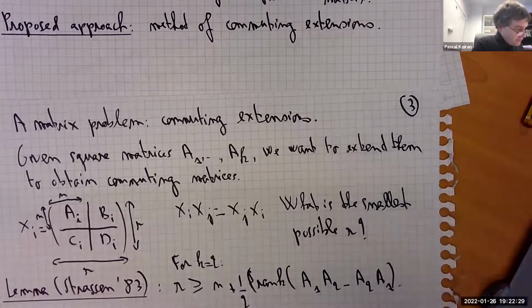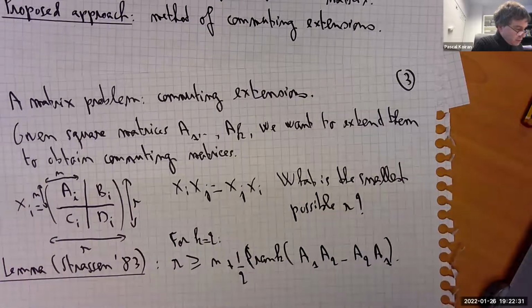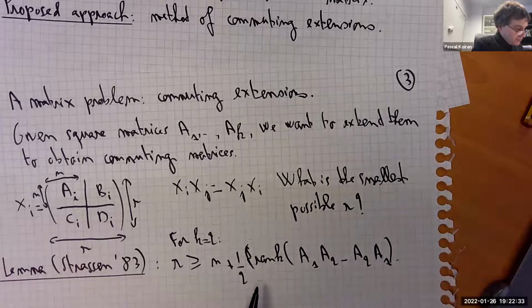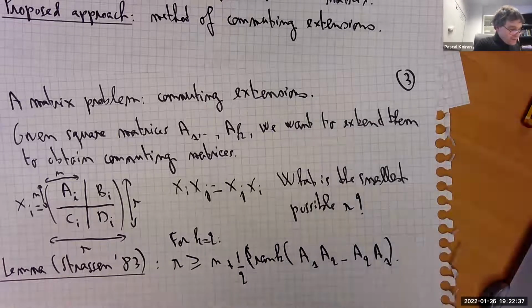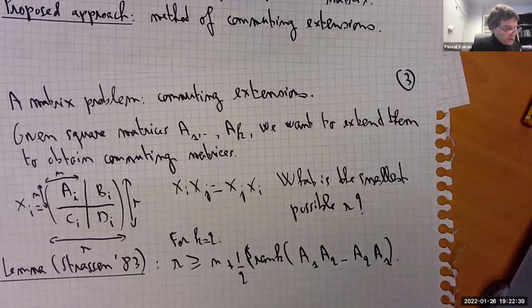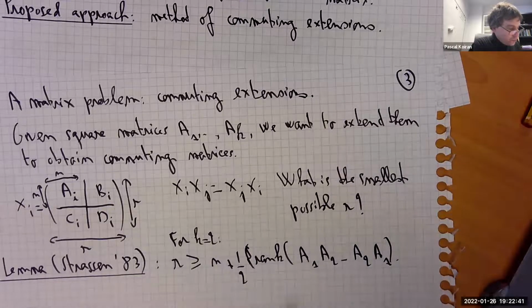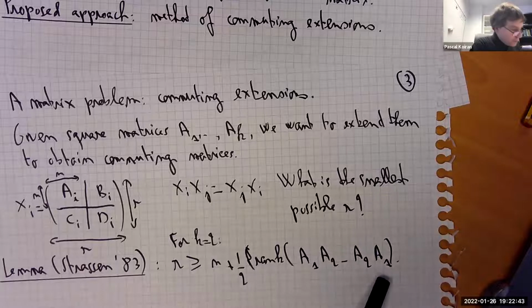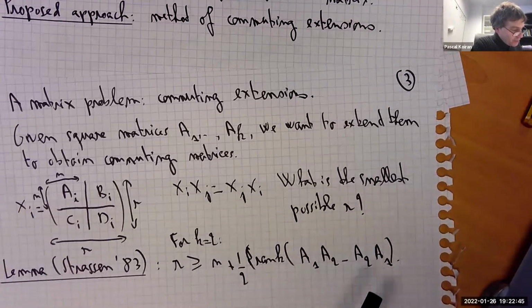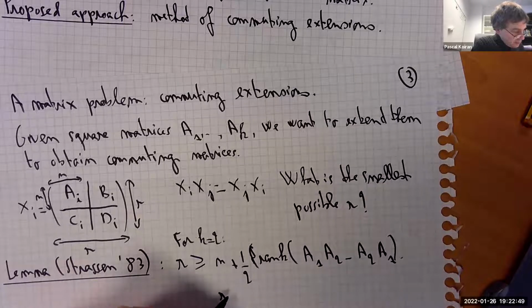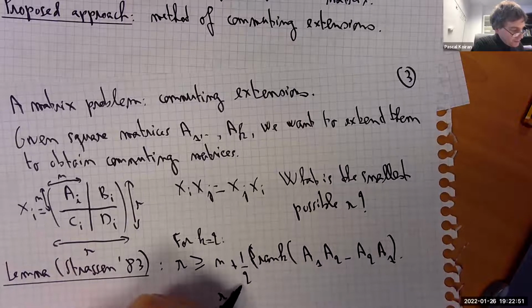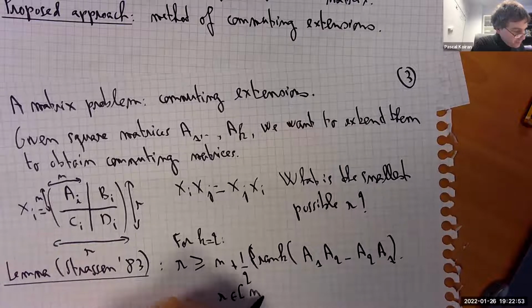And there's this lower bound here on the extension size. It is something that makes sense. In particular, when A1 and A2 commute, you don't need to extend at all, so R will be equal to n, and the largest possible value that you can get in this way is 3n by 2.